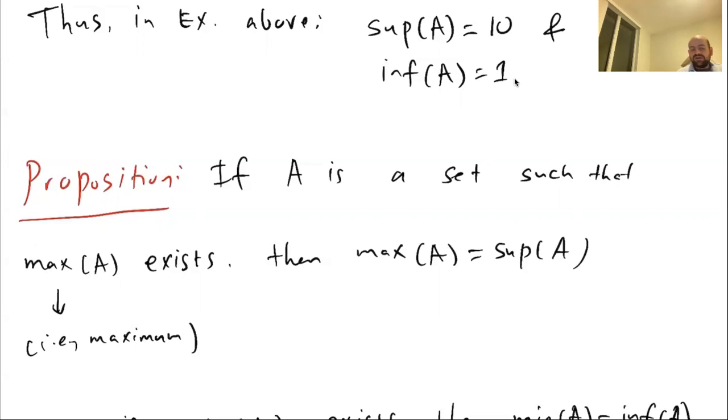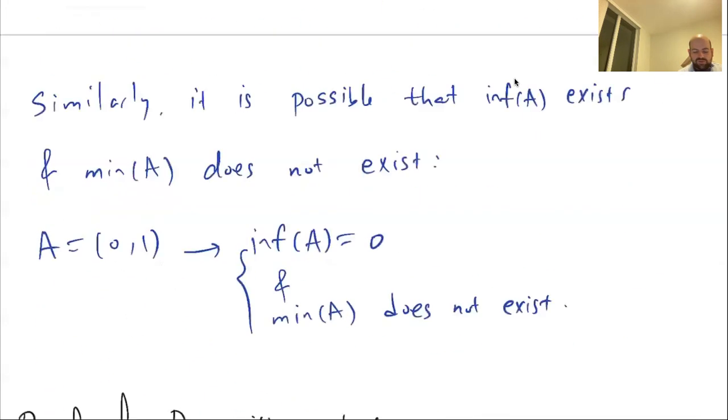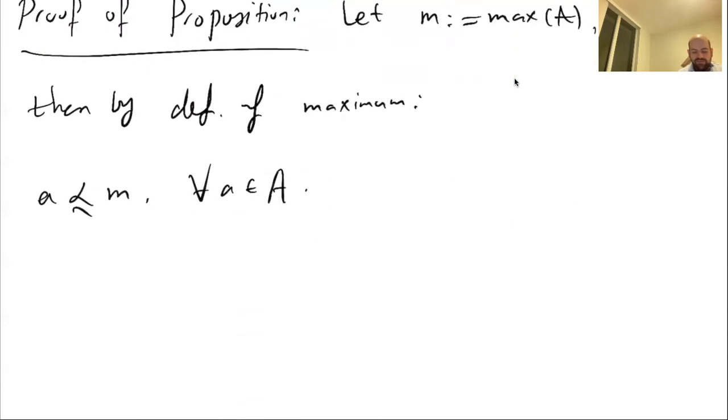And a poset is always equipped with a relation of the form less than or equal, which can also be denoted with R, but less than or equal is easier. So I have a poset S here, and A is a subset of that. Those are assumed implicitly. And maximum A, I'm assuming it exists. I want to show it's equal to supremum. So first of all, I call the maximum M. Then by definition of maximum, we can say that a is less than or equal to M for every a in A.